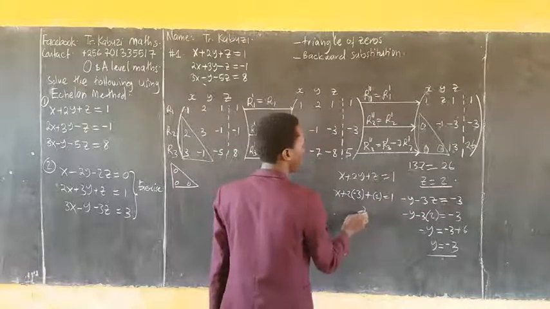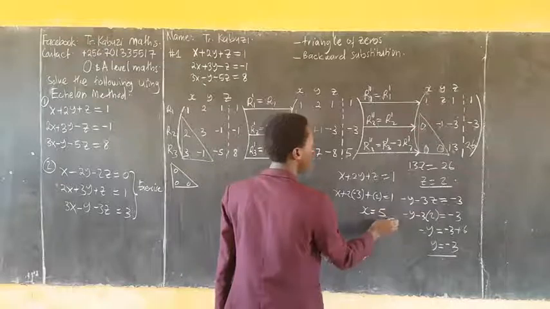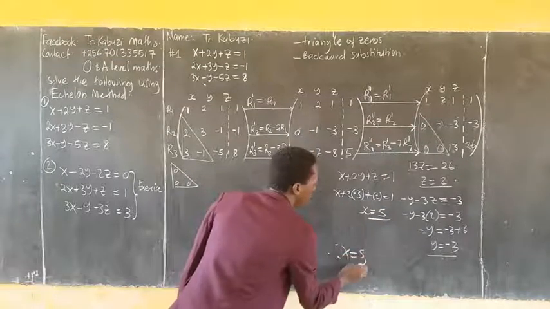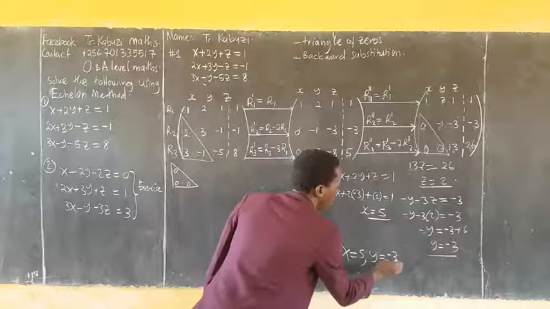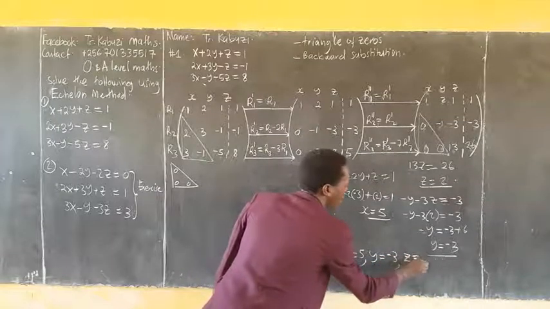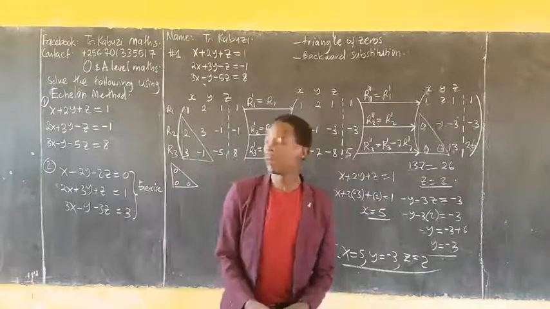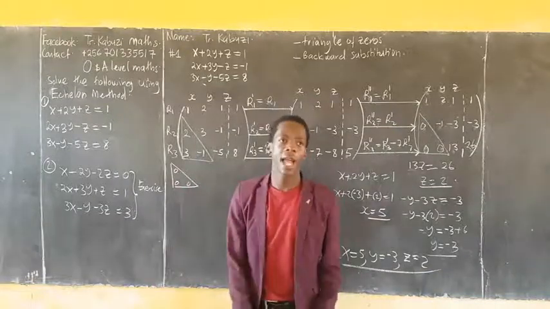From there I can simplify so that x is going to be 5. Therefore, x is 5, y is negative 3, and z is 2. That's how we solve them. So now, if you are to try out this question, I wish you the best.